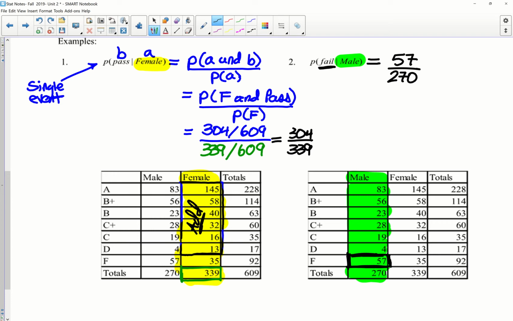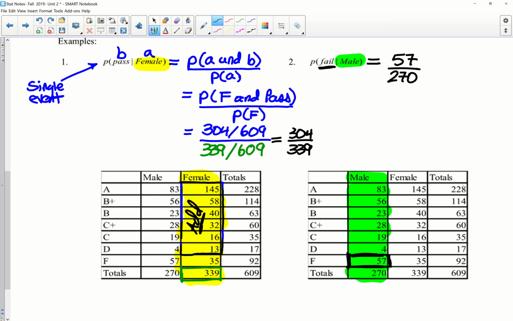I had to conceptualize, I had to plug in probabilities for each component, I had to remember a fact. But here, it's just a matter of saying, okay, what's my given? Males, okay, forget everything else. Probability of failing, that's these folks, 57 of them. The total in only this category is going to be 270.